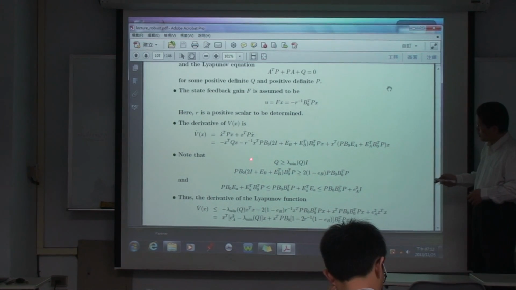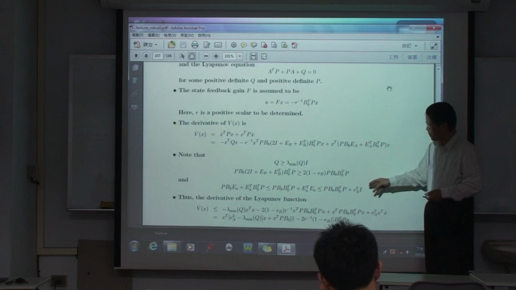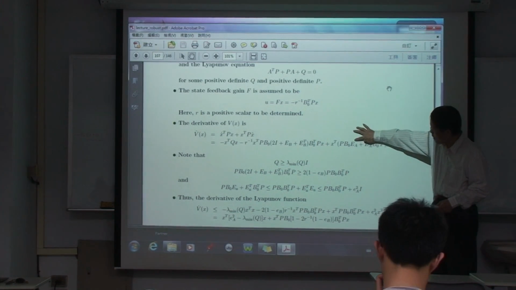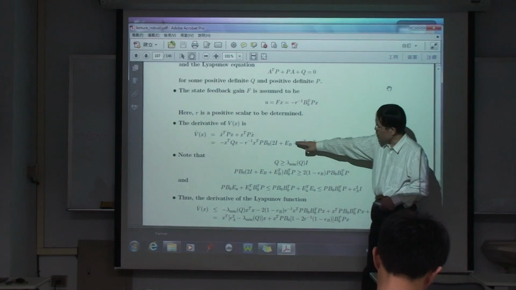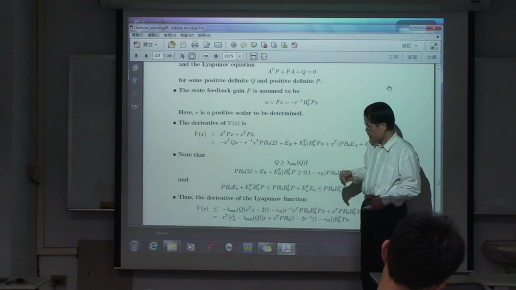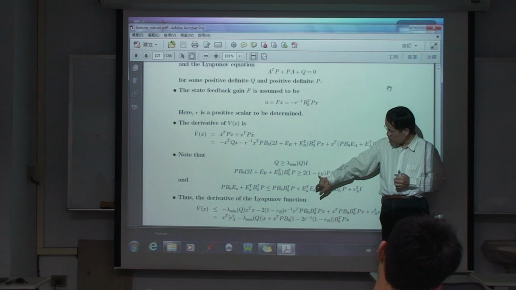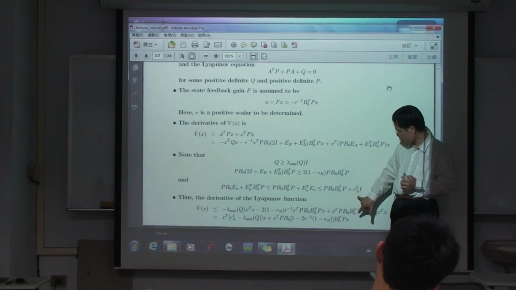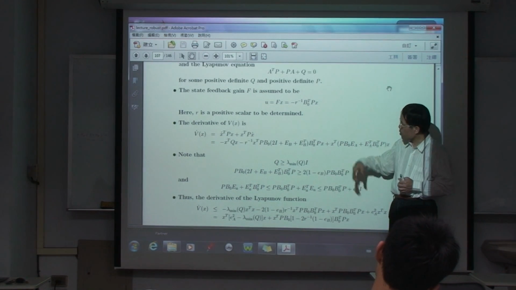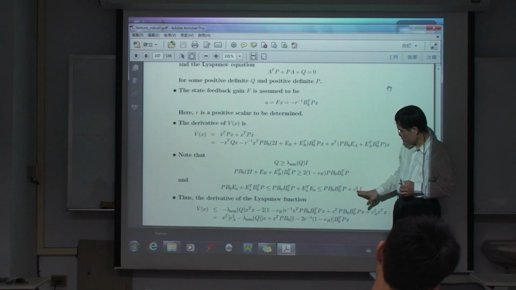And therefore, this particular term will be less than this boundary. And why is this important? Because originally you have capital EA and capital EB, which are uncertainty. But now if you look at this bound, they are the small or normalized EA and EB, which are assumed to be known to you.